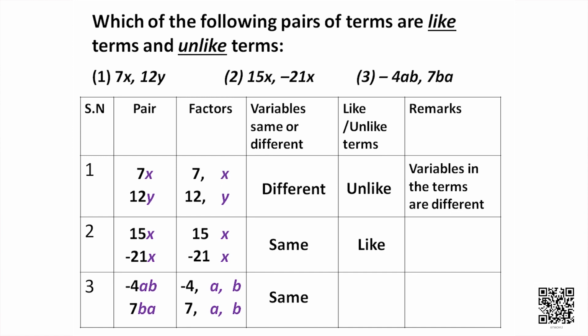You can see here the variables are the same, so these will also be like terms. So be very careful that the order of the variables doesn't matter; ab equals ba. That is something we have to remember.